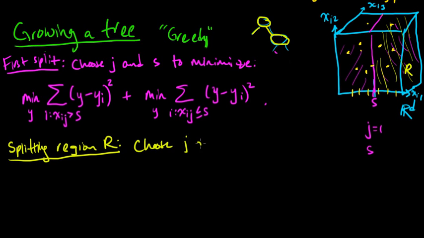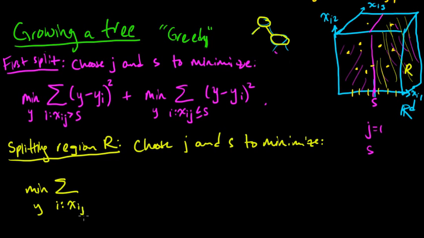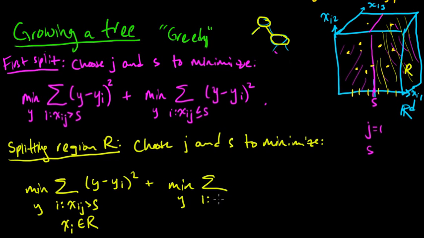We'll choose j and s to minimize the min over all y's, and now we're only going to sum over i's such that both x_ij is greater than s and x_i is in R, because we're only considering the subset of points that are in this region. So we're restricting our attention to this region.